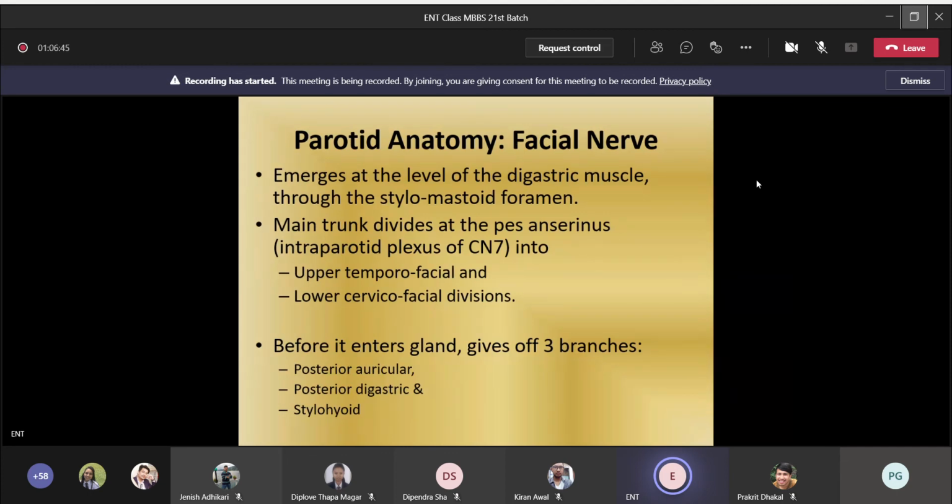Now come to a little bit of the facial nerve. The facial nerve emerges at the level of the digastric muscle through the stylomastoid foramen. One landmark for parotid surgery is this one. The main trunk divides into different branches, known as the pes anserinus.